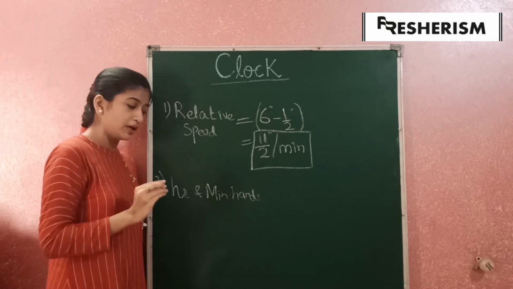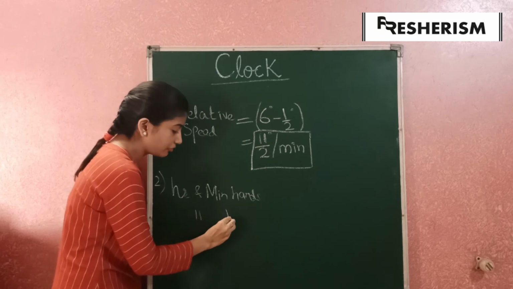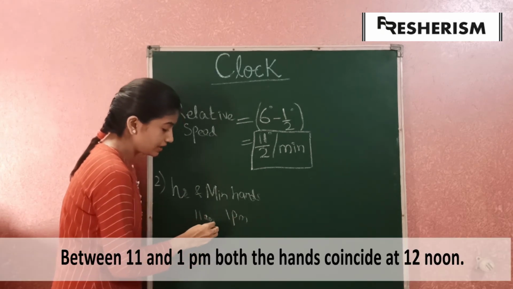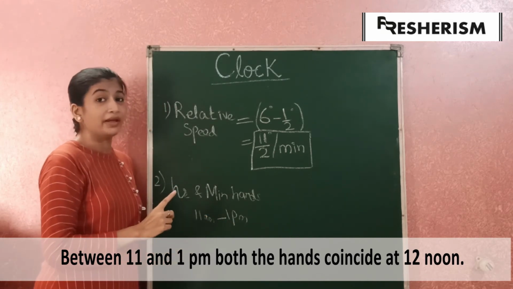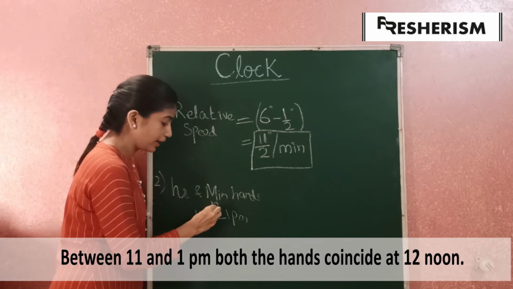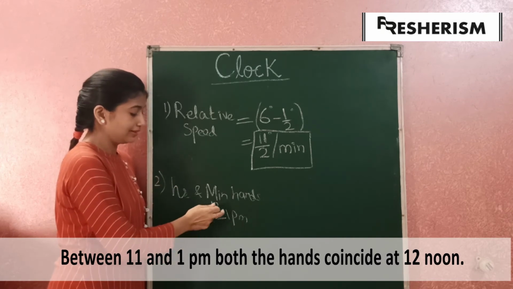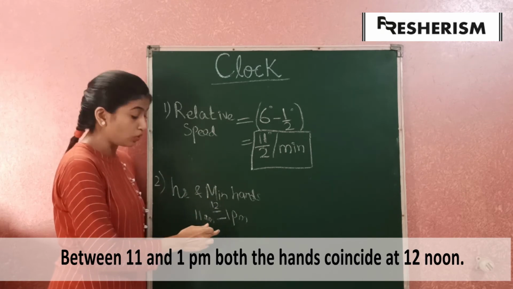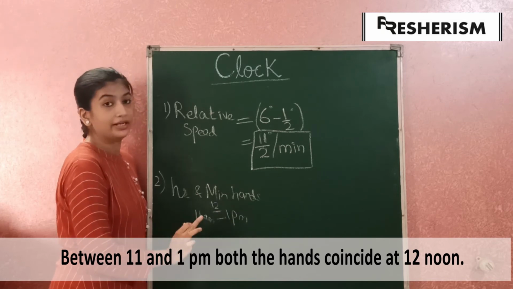Because between 11 a.m. and 1 p.m., remember this, the hour hand and the minute hand coincide only once, that is at 12 noon. Between 11 and 1, they coincide only at 12, not between 11 and 12 or between 12 and 1.